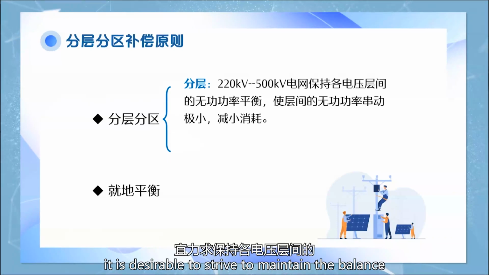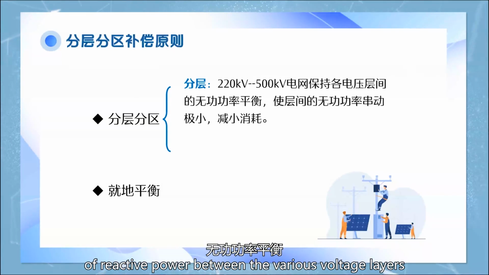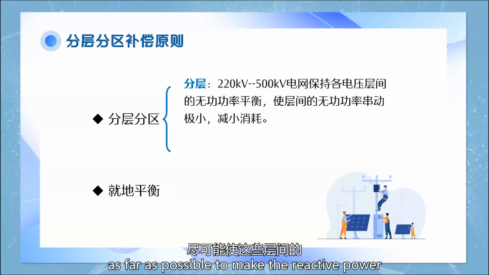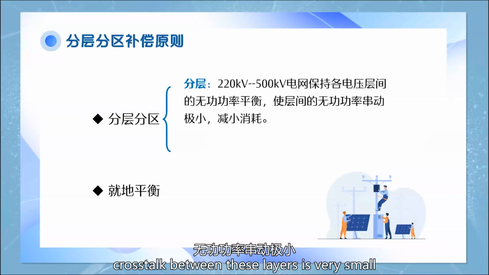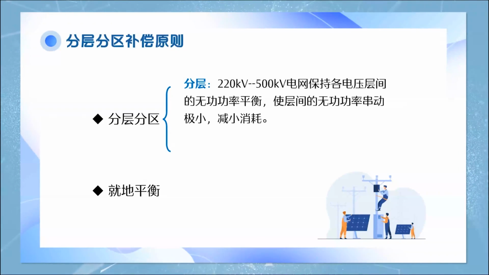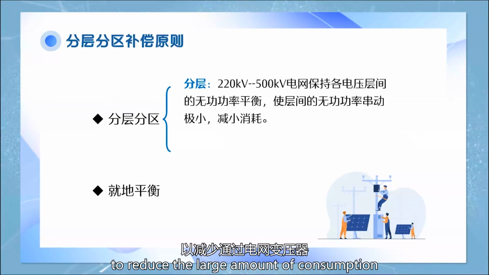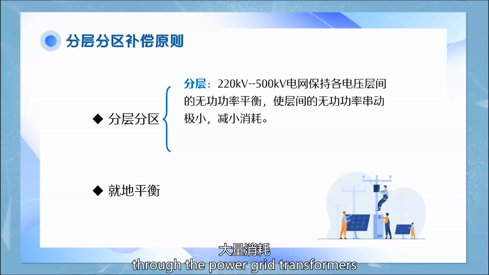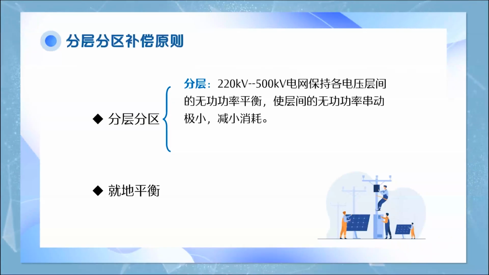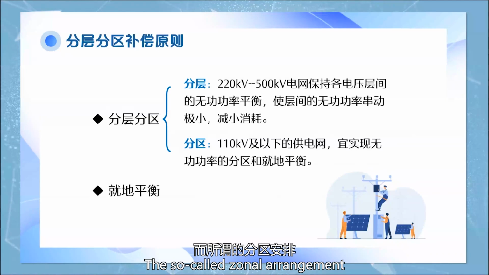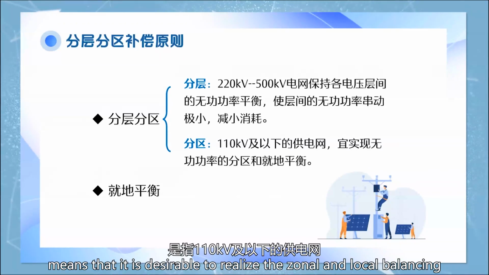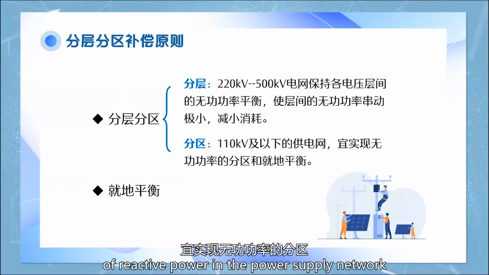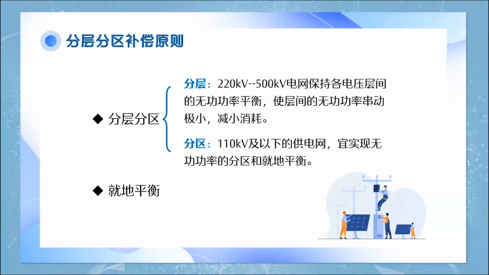It is desirable to strive to maintain the balance of reactive power between the various voltage layers, as far as possible to make the reactive power crosstalk between these layers very small, to reduce the large amount of consumption of reactive power transmission through the power grid transformers. The so-called zonal arrangement means that it is desirable to realize the zonal and local balancing of reactive power in the power supply network of 110 kV and below.